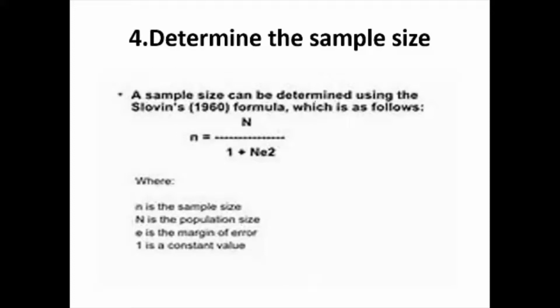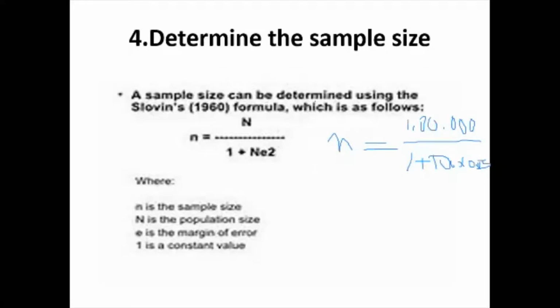Then I can use this formula: n is equal to N, the population size, which is 1 lakh, divided by 1 plus 1 lakh times 0.05 whole squared.